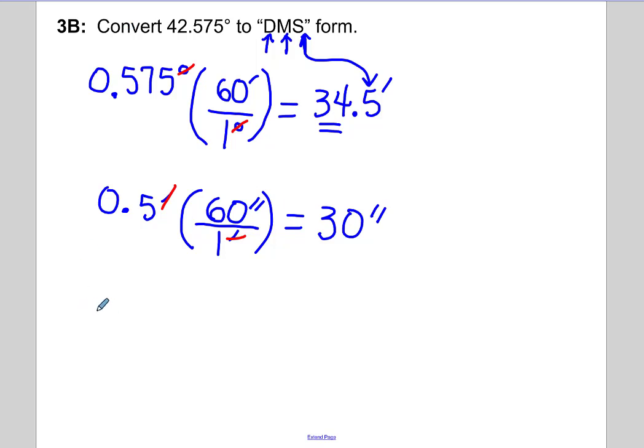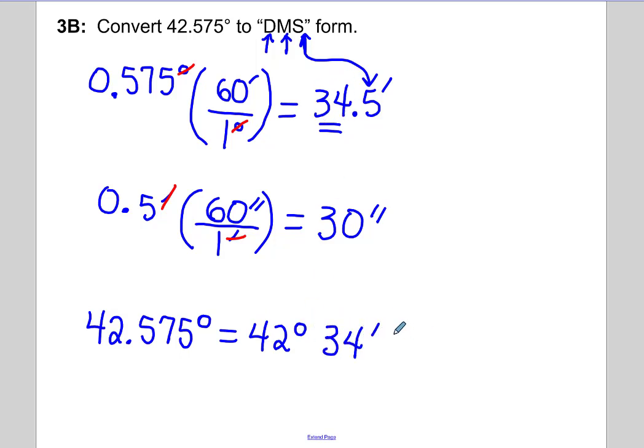So converting 42.575 degrees is 42 degrees, 34 minutes, and 30 seconds. So we converted the .575, put the remainder, converted that remainder to seconds, and we have converted decimal degrees to degrees, minutes, and seconds.